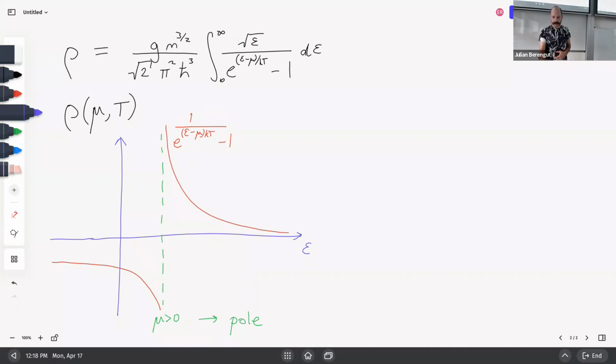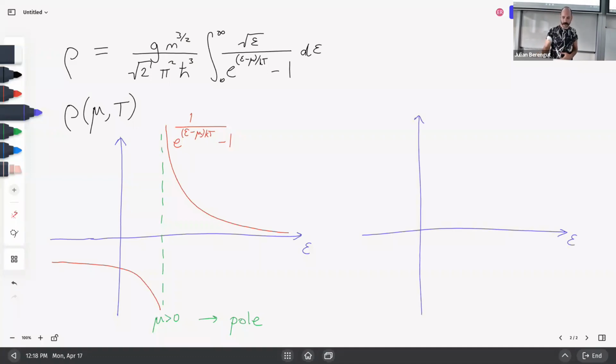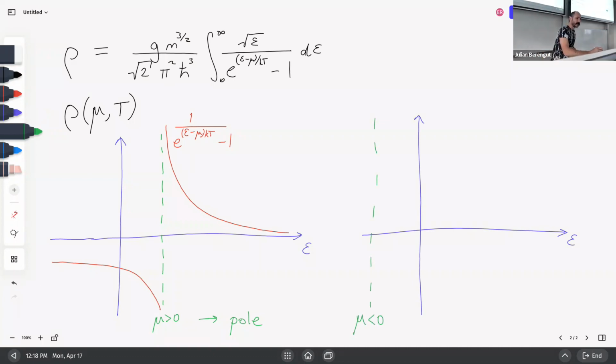What about for mu less than 0? If mu is less than 0, then the pole is in the negative space where I don't care about it. So that's okay.